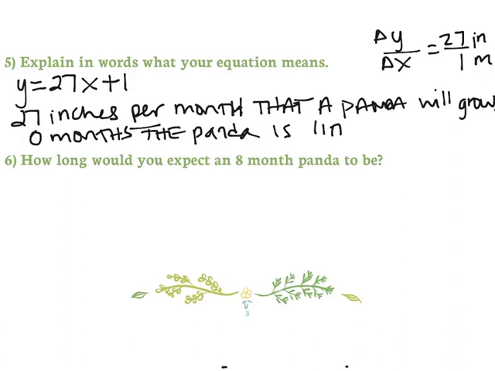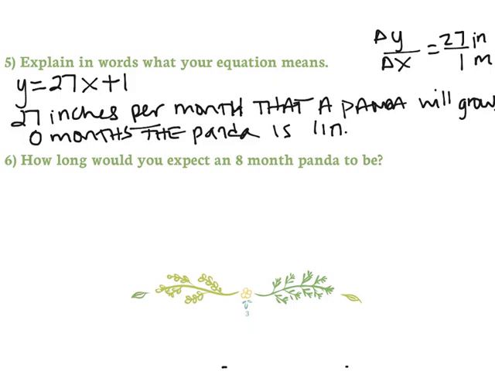I don't know about just 1 inch, but it does make sense that when a baby panda or any baby is actually born, they're not 0 inches tall. So they're actually going to be some inches. So at 0 months, the panda is 1 inch. So that may be in the womb. Some of these may or may not make sense, but that's just interpreting the actual equation into words.